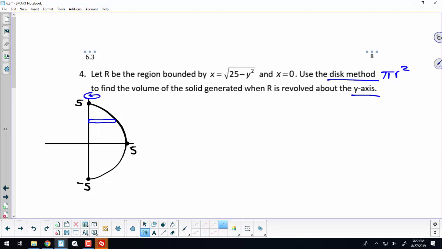Okay. So those rectangles or cross sections or disks have a tiny thickness in the y direction. So we have to integrate with respect to y. Okay.